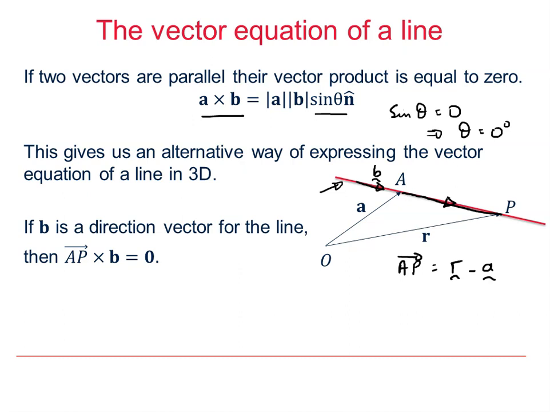And therefore, AP cross b equal to 0 means that we have r minus a cross b is equal to 0.